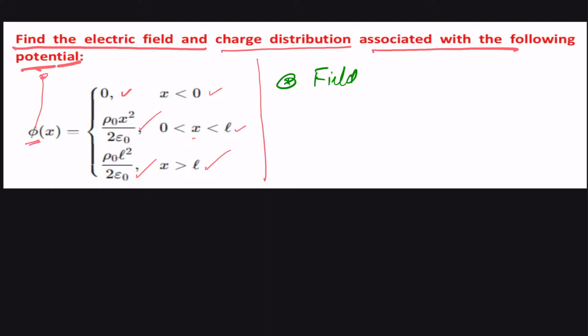So we can say our field in the x direction is minus d phi upon dx. Let us suppose this is region number 1, this is region number 2, and this is region number 3.